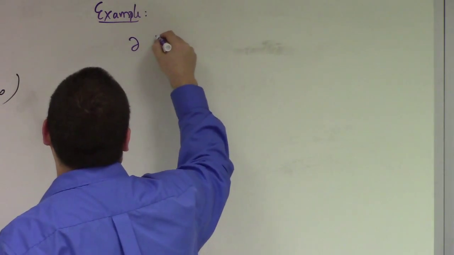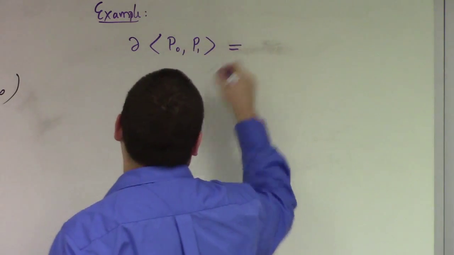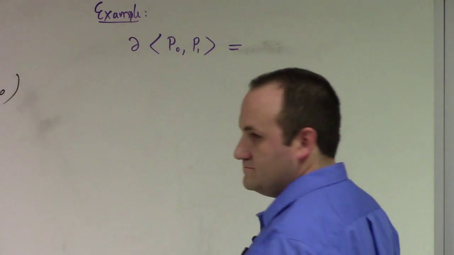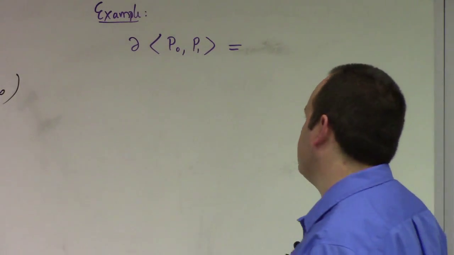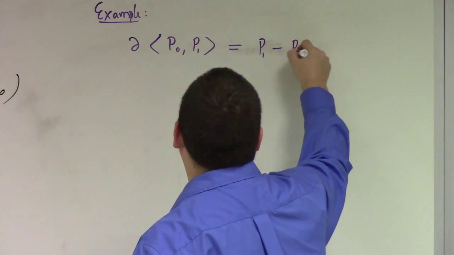Okay, so the boundary of, how about P naught P1? What's this equal to? It is P1 minus P naught.